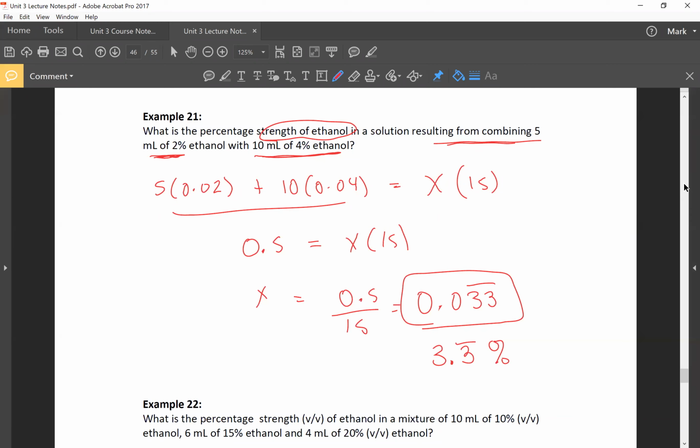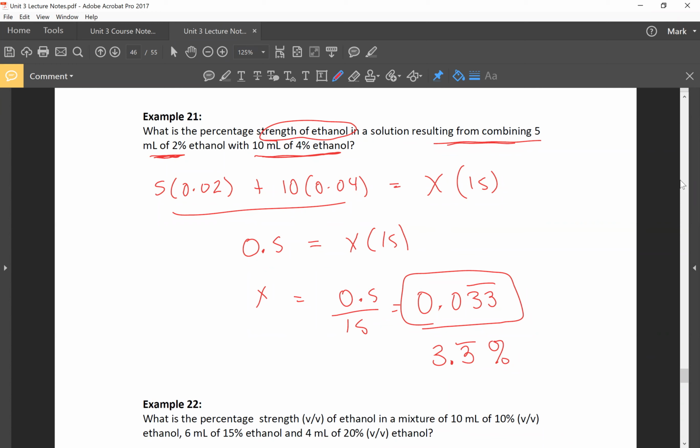Again, I think what a lot of you guys did is you forgot to multiply that x by the total volume, 15. Let me check the chat. Yeah, I think Kalsum said you missed the 15. That's why a lot of people were just getting 50%.